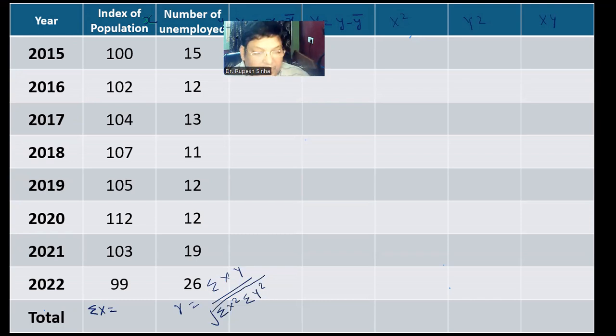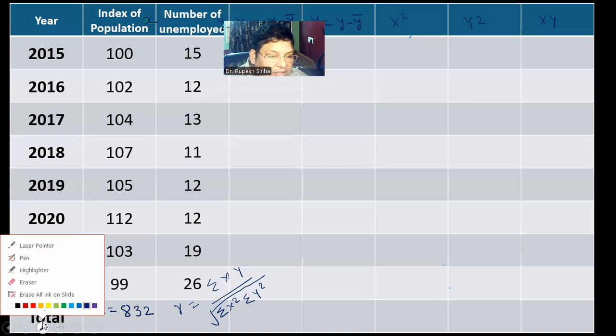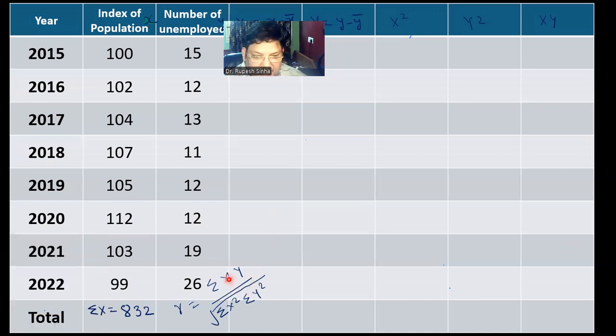If we add everything, we get 832. You can calculate using your calculator. I'm going to erase the formula which I wrote here now.